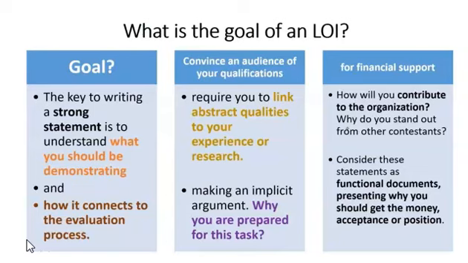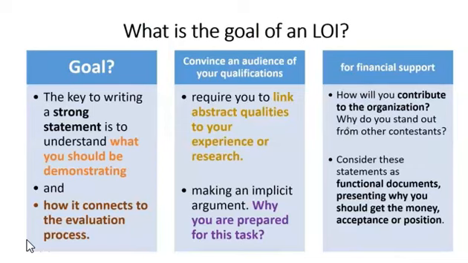It requires you to link the abstract qualities to your experience or your research, and make implicit arguments for why you are prepared for this task. How will you contribute to the organization that you are asking for help? Why do you stand out from other contestants? Why should you be given that fund?